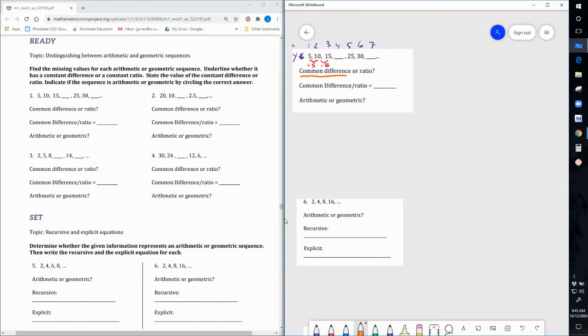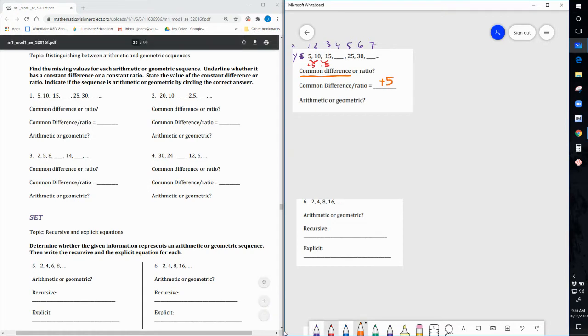So because we're adding by 5 every single time, we're going to go ahead and underline that this is a common difference, because common difference is what we use for arithmetic sequences, and that means that we're adding or subtracting every time. So common difference, and then it says what is the common difference or common ratio, in this case common difference, so we know that we are adding by 5 every single time.